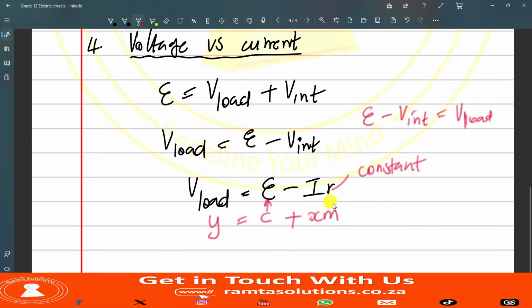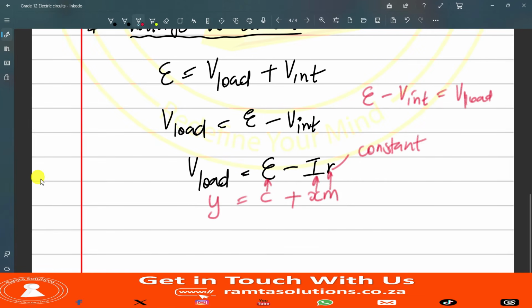Maybe to show it differently, let me put it like this. It's going to be V load equals negative rI plus Emf.